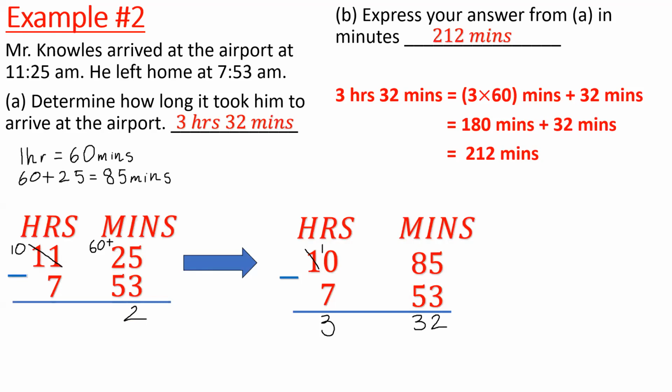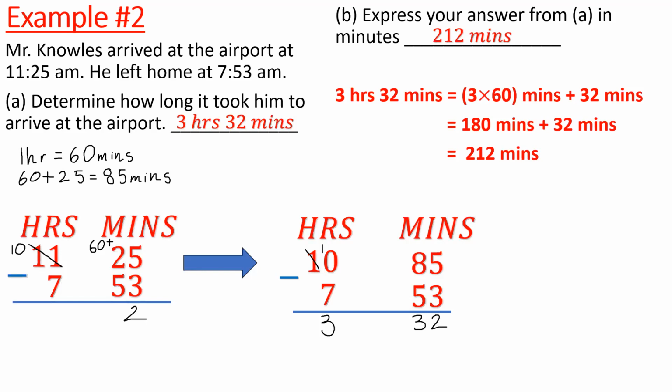So then we subtract 85 from 7:53. 5 take away 3 is 2. 8 take away 5 is 3. And 7, well, 0 can't take away 7, so we borrow from the 1. And the 0 becomes a 10. So 10 take away 7 is 3, so the answer would be 3 hours and 32 minutes.